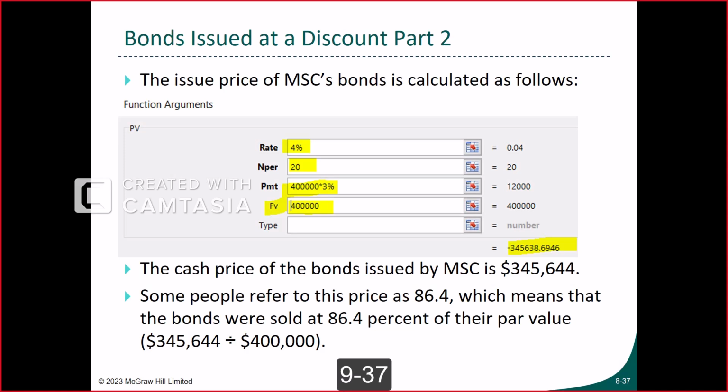With this information, Excel will give you the result, the issuance price. In this case, it is equal to $345,638.